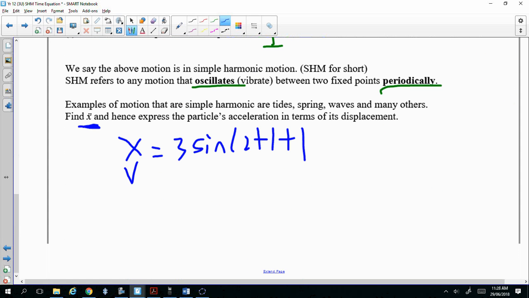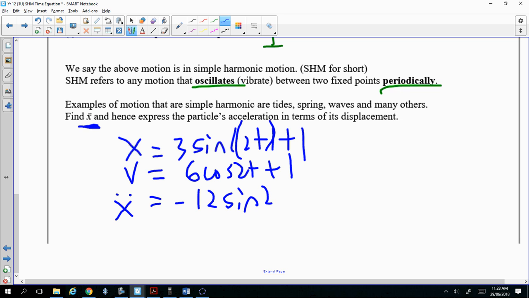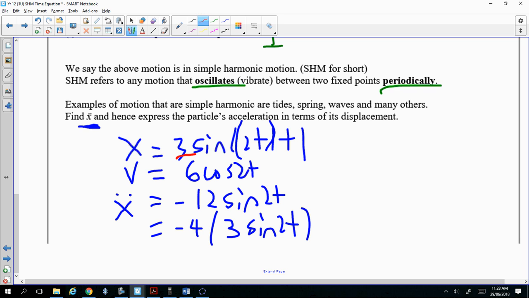Differentiate again, you get negative 12 sine 2t. Then you can factorize the negative 4 out, which is equal to negative 4 times 3 sine 2t. And why do I do that? Because 3 sine 2t is equal to x minus 1.